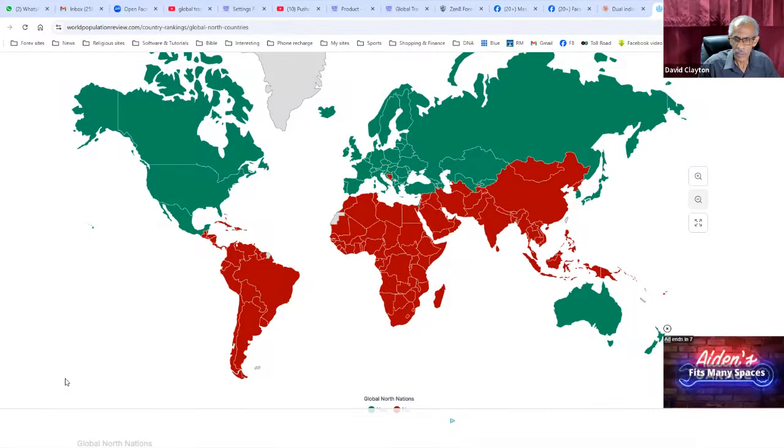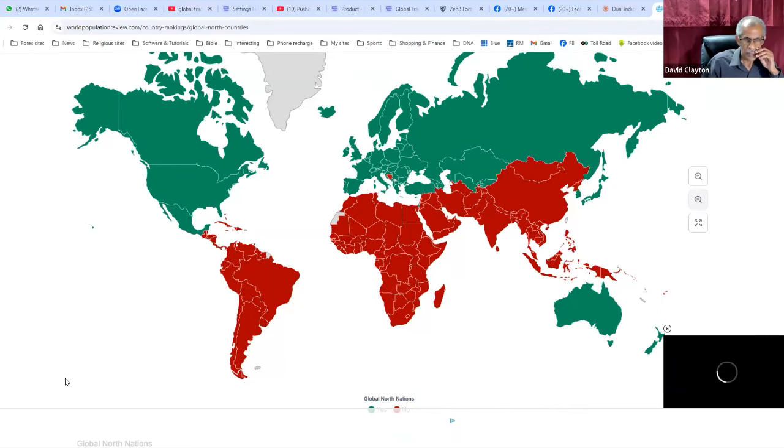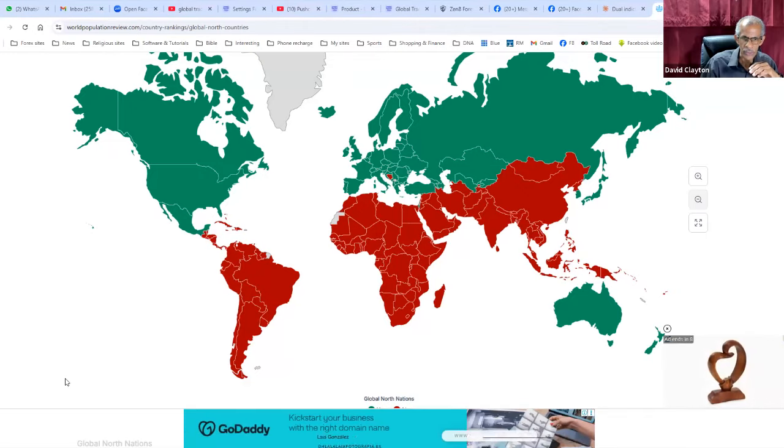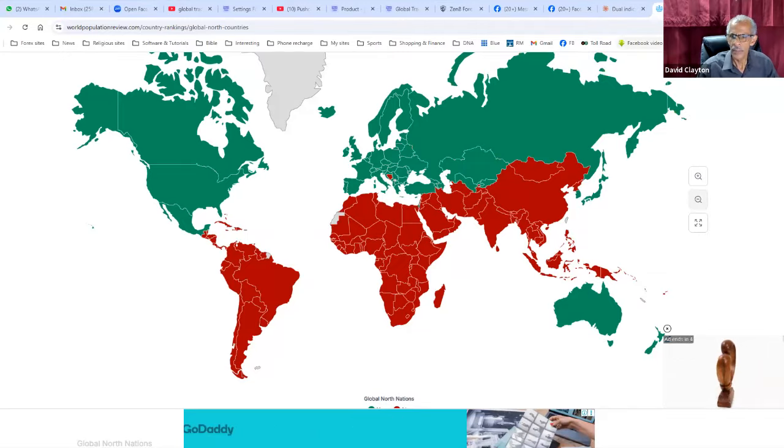And what they call the global north, apart from Australia and New Zealand, is very clearly geographical north. You could almost draw a line, and everything above is north and everything below is south. So it's not just a political distinction, it's almost a global geographic distinction. That's interesting. All right, let me take Sister Talia.